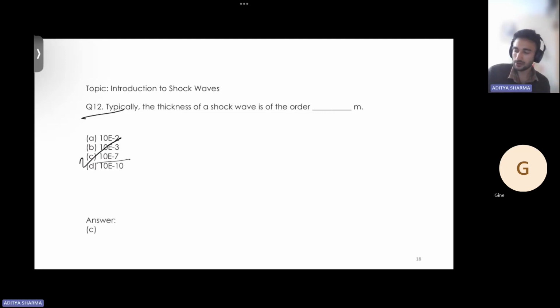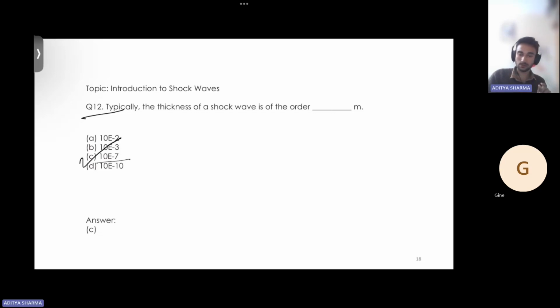But one should wonder, as we are studying shock waves, how thin a shock wave is. As fluid dynamicists, we should have some sense of reality and visualization of the physics. It's even less than a micron.